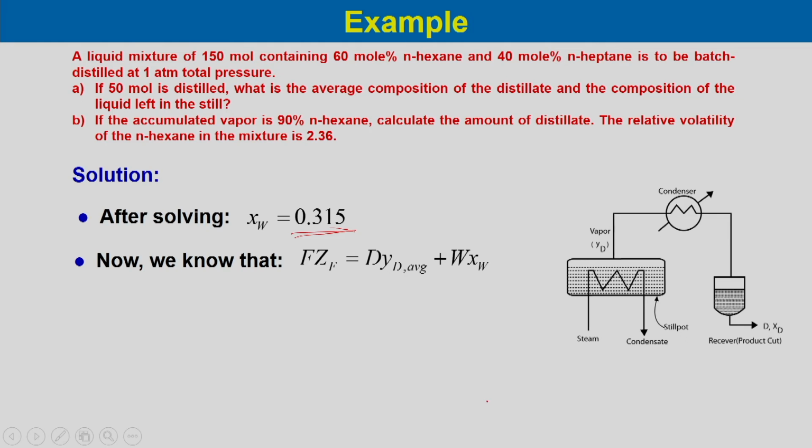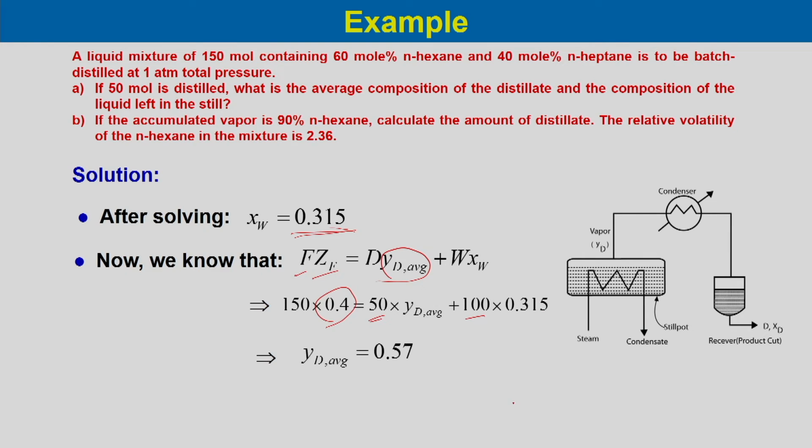So, now we know that F ZF would be equal to D YD average plus W XW. These terms are known: 150, ZF is 0.4, and D is 50, YD average we need to calculate, plus 100 into 0.315. From this we can calculate YD average is equal to 0.57.